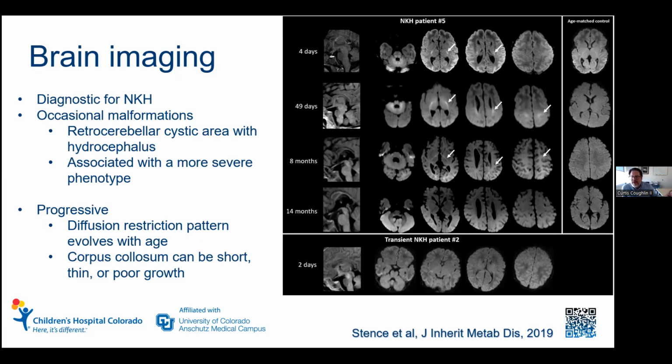I think if you've only seen one or two patients with NKH in your career and you've seen the more severe side, I'm guessing it feels like what we do has minimal benefit to the patient. But this really suggests that maybe there is some window where we could intervene and improve these kids' lives.